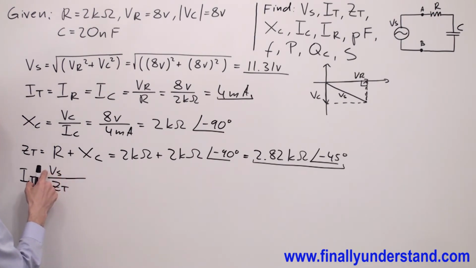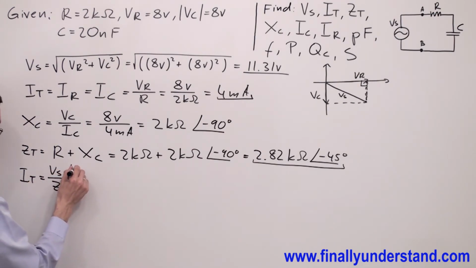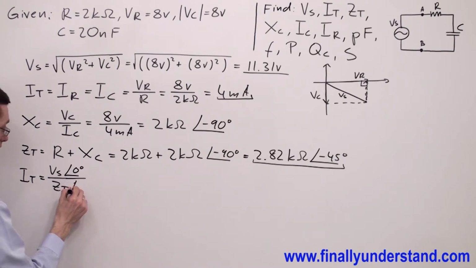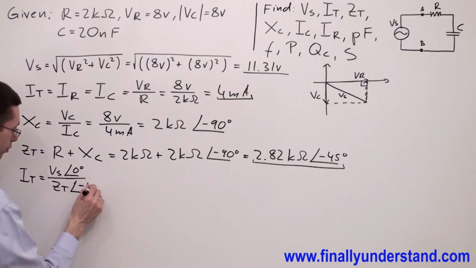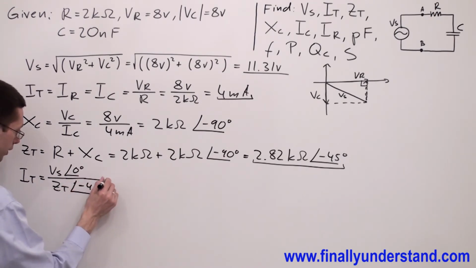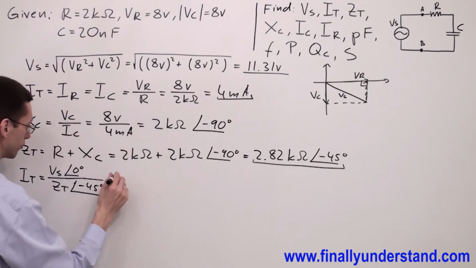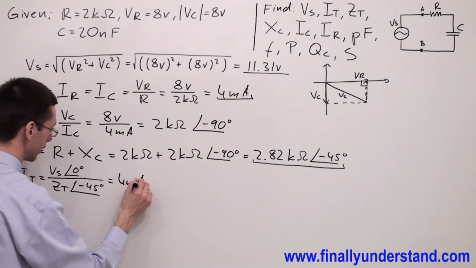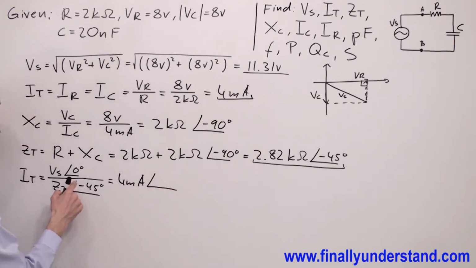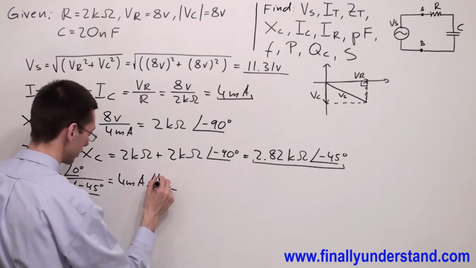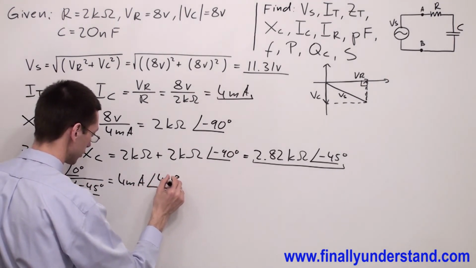Keep in mind that the voltage source has an angle of 0 degrees. Z total has an angle of negative 45 degrees. So we found that current total is equal to 4 milliamps. And if you subtract negative 45 degrees from 0, you obtain 45 degrees.